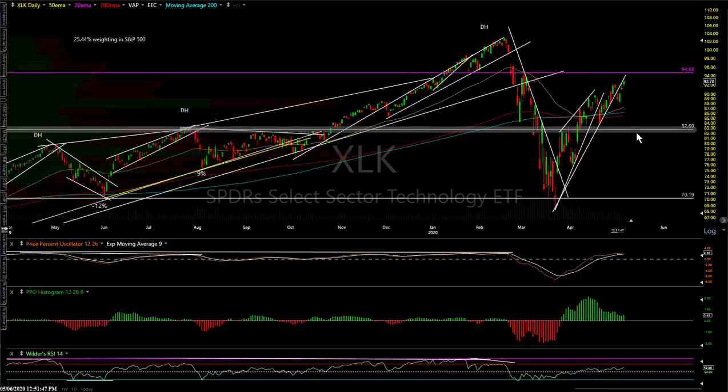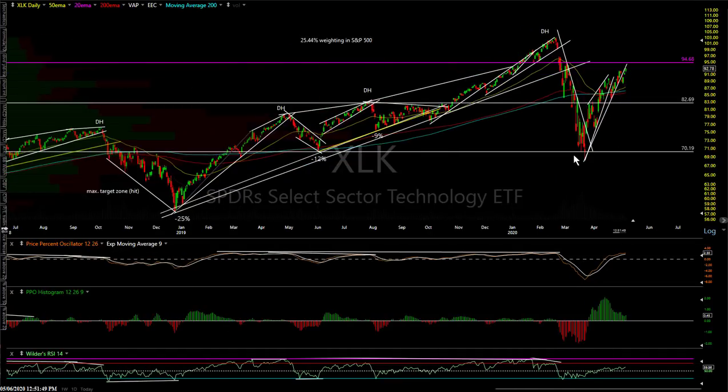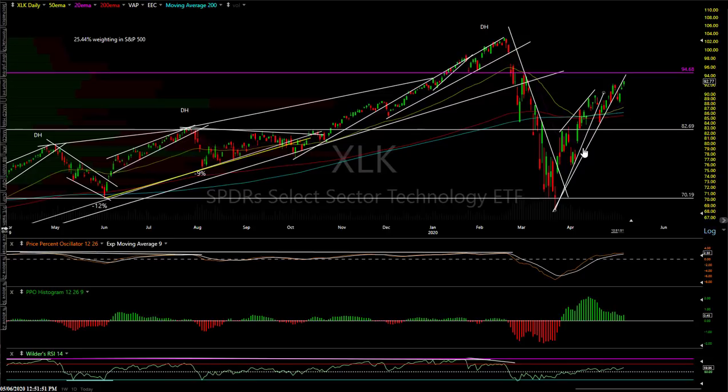XLK is by far the largest sector at about a 25% weighting. So a quarter of the performance comes from just one of those 11 sectors. As I often say, until tech breaks, the market won't break. If you want a good buy or sell signal on the stock market, wait for a buy or sell signal on XLK.